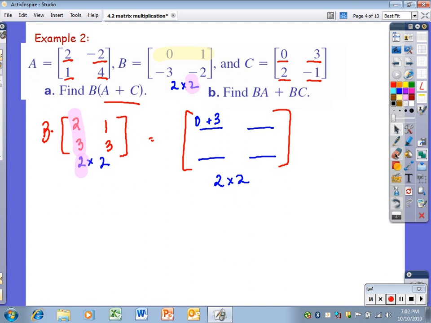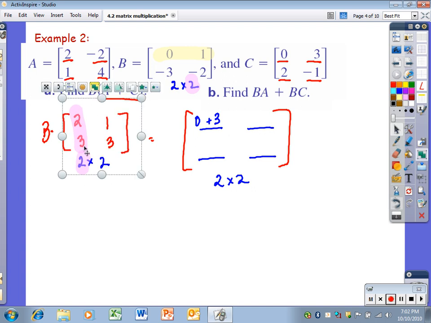Well, I'll just make it a different highlight color. Let's try this one. Column 2. So I have 0 times 1 is 0, 1 times 3 is 3. Then I have row 2, column 1.